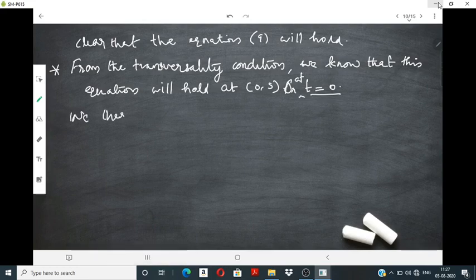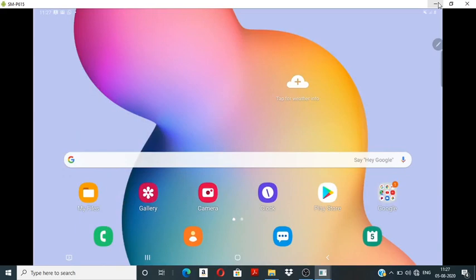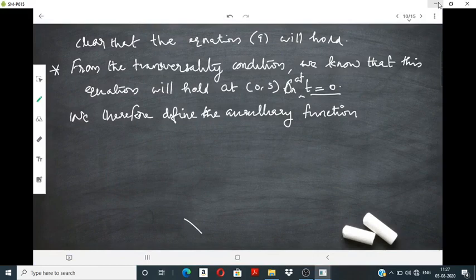We therefore define an auxiliary function r of t comma s is equal to u_t minus p into x_s minus q into y_s.